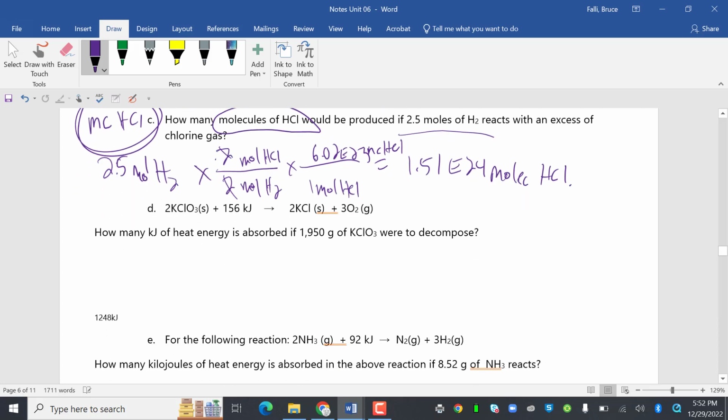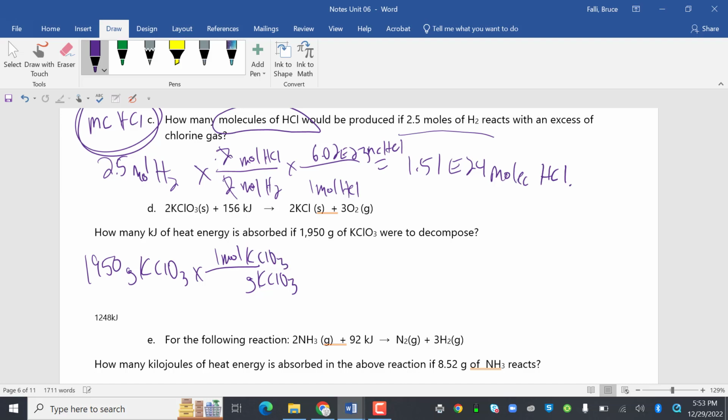All right. How many kilojoules of energy is absorbed if 1,950 grams of KClO3 were to decompose? Okay, so 1,950 grams of KClO3, times 1 mole of KClO3 over grams of KClO3.